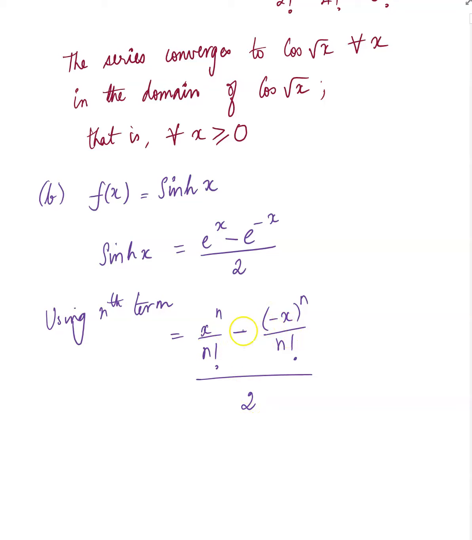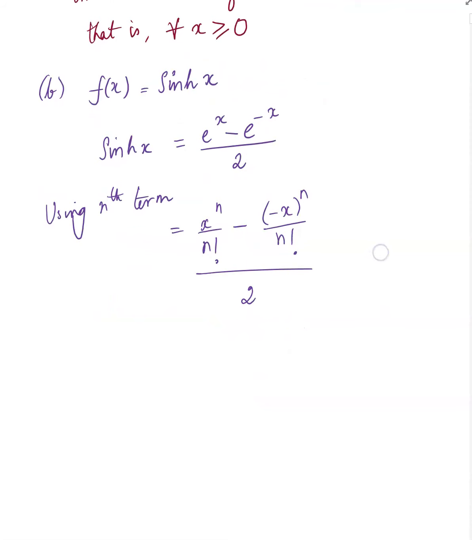Doesn't matter, there's 2 in the bottom. Just focusing on the nth term, if n is even, these two will cancel each other. If n is odd, then you'll have the negative coming out of this, because a negative raised to an odd power returns a negative. That negative will combine with the negative outside to give us a positive. So then you'll have 2 times x power n over n factorial.